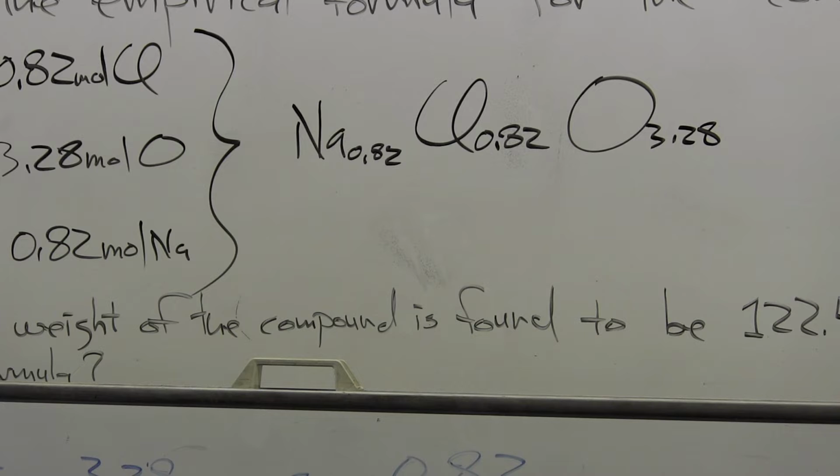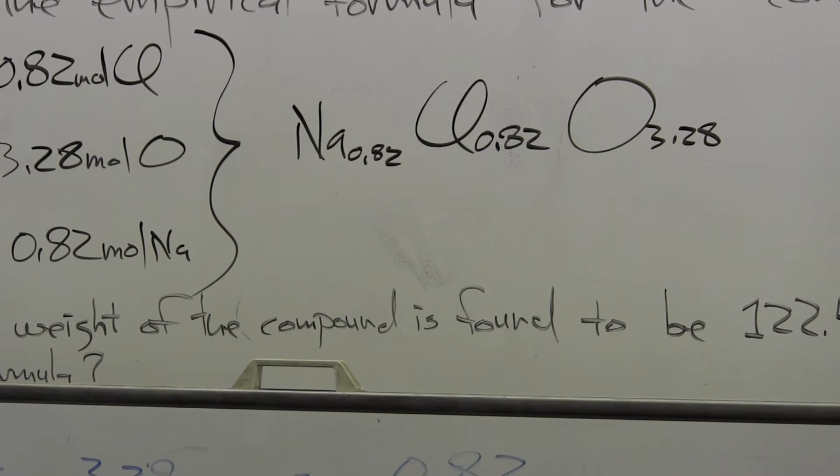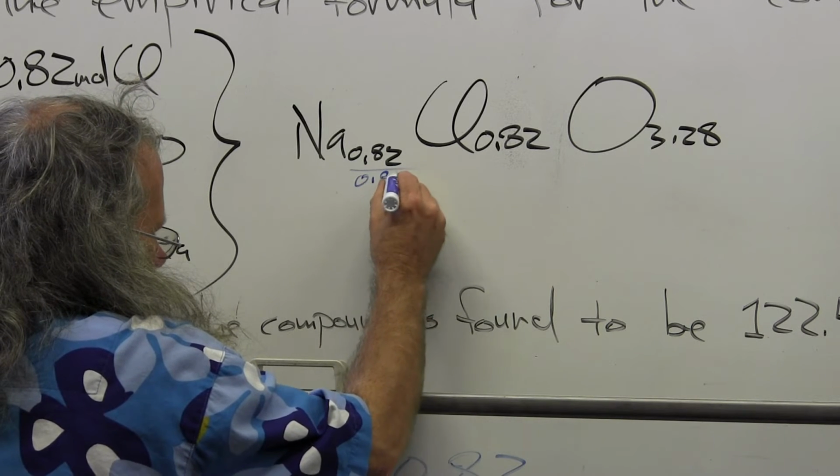Okay, that is our crude formula. We need to reduce this to the simplest whole number ratio, and so the obvious thing to do is divide everything by 0.82.